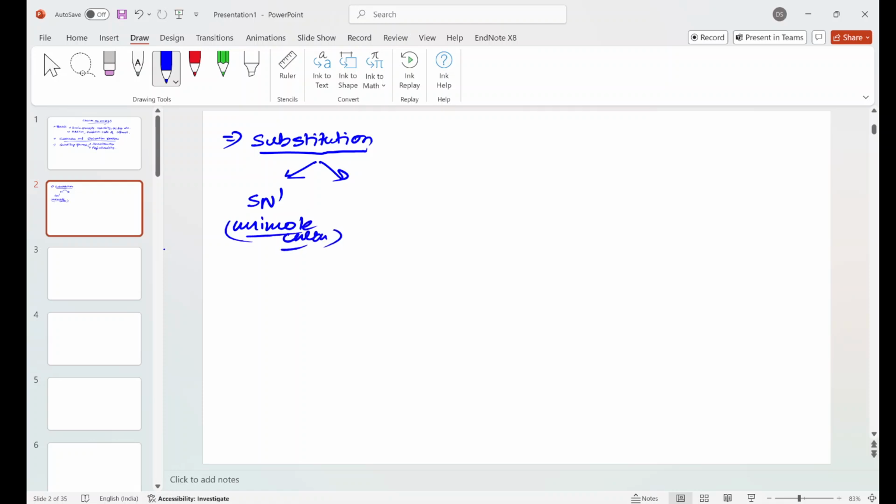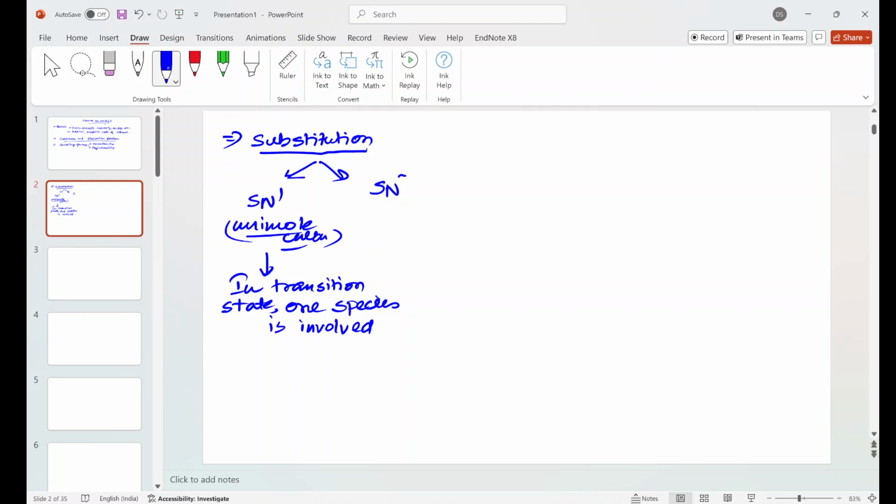Why is it called unimolecular? Because in the transition state, one species is involved.